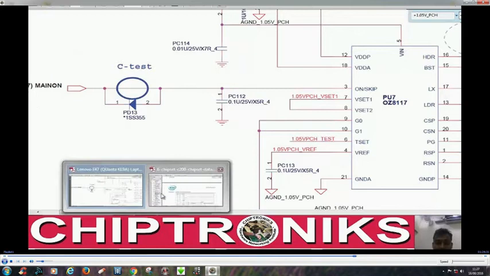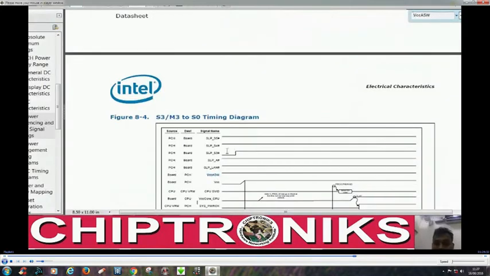The main on has already been generated, because after the IO controller gets SLPS2 and SLPS3, the IO controller has already generated sus on and main on. When sus on and main on are generated, this VCC ASW is automatically generated, so there is no need of SLP underscore A.